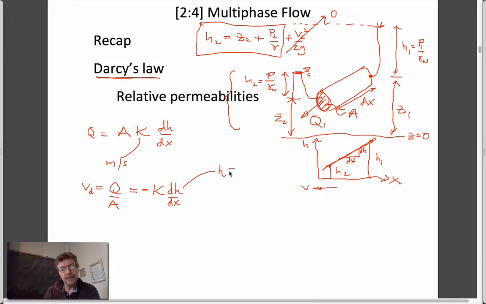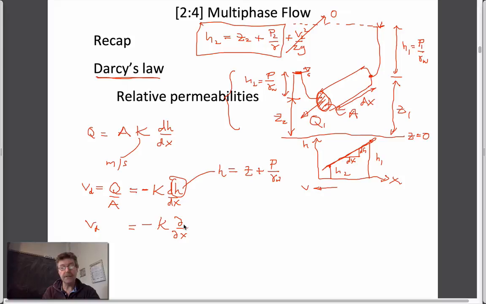So if we substitute this head into this as the elevation plus a pressure divided by the unit weight of the fluid that's flowing, then what we get out of this is a new Darcy's law, or just, it's not a new Darcy's law, just written a different way, is that this is now hydraulic conductivity multiplied by this derivative of this, sorry, not head, is it? It is head, because this is it here.